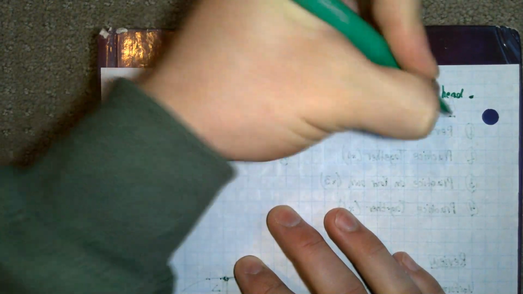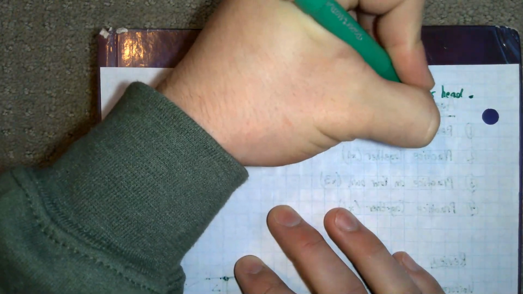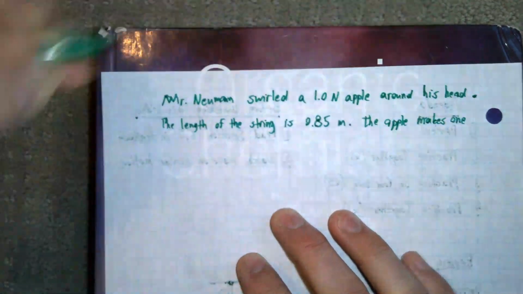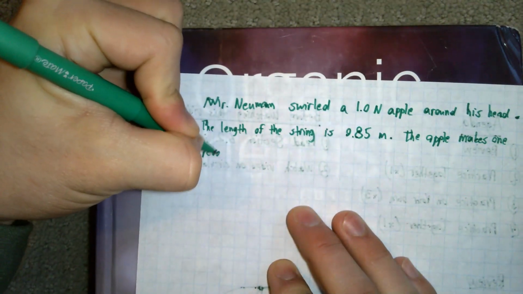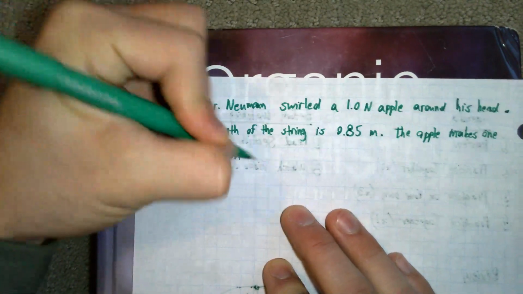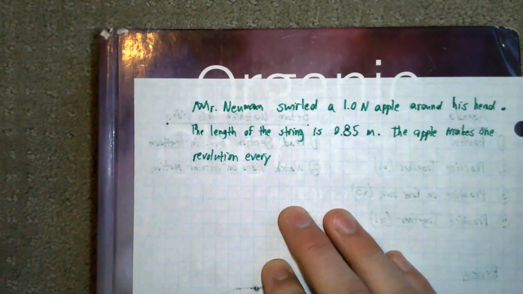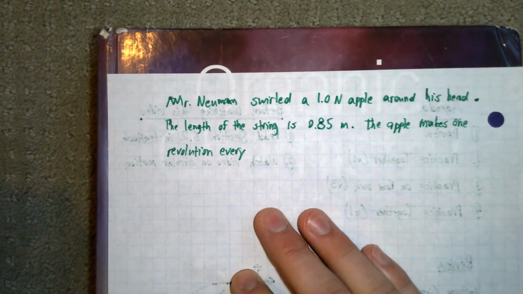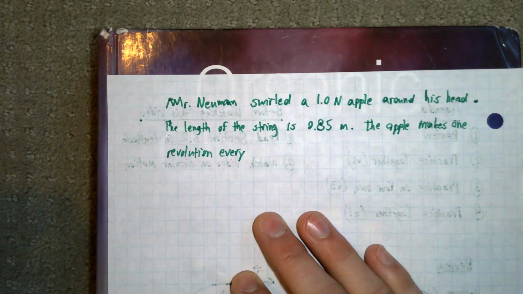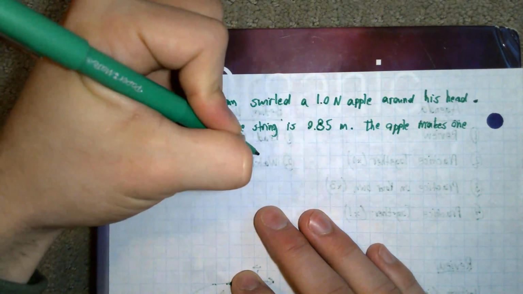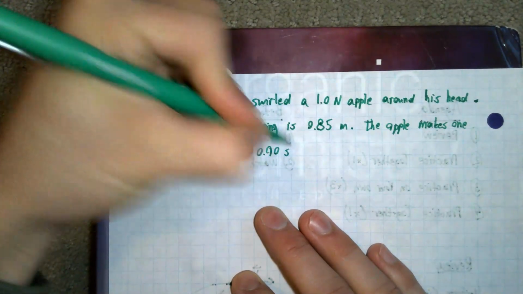The apple makes 1 revolution every 0.90 seconds.